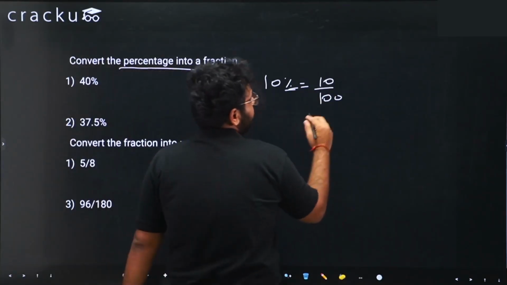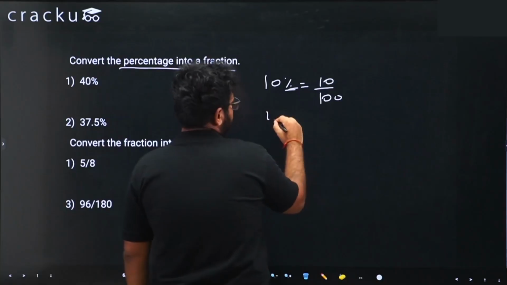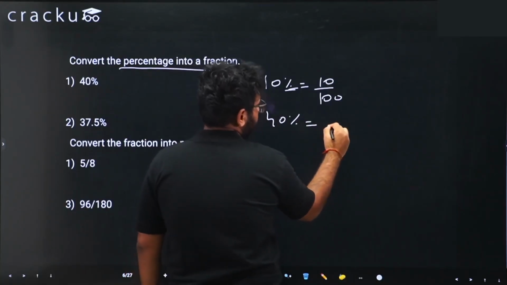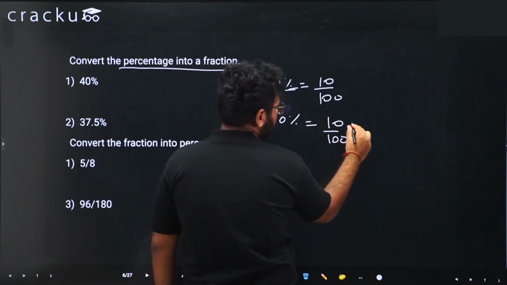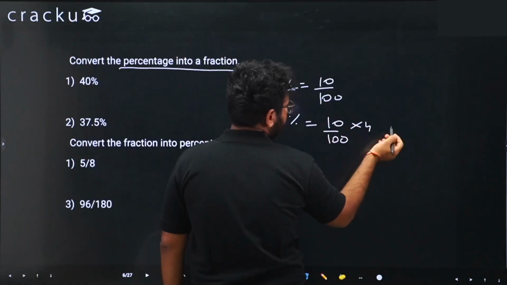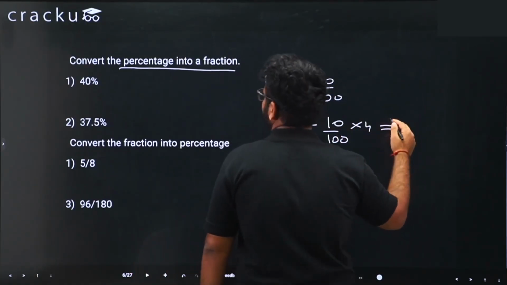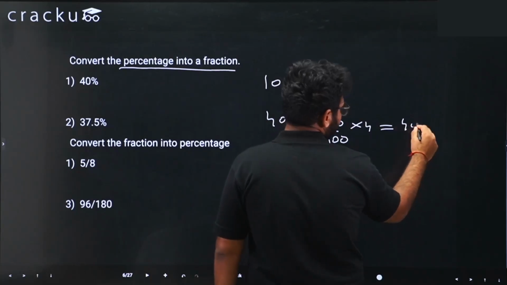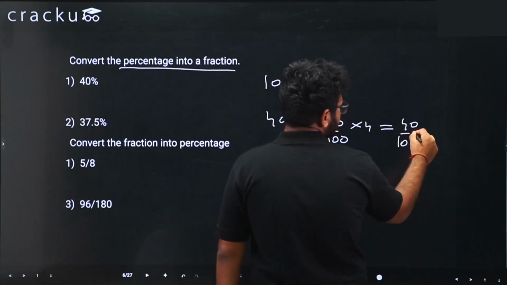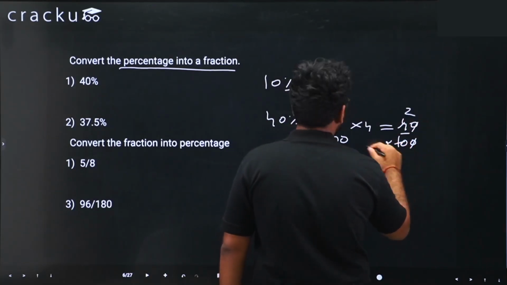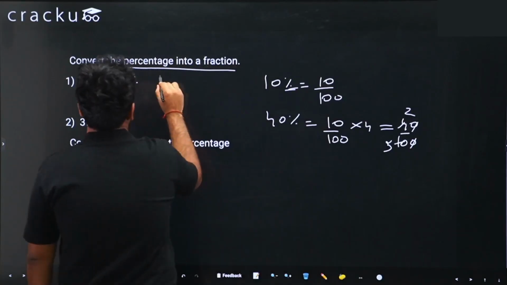So 10 by 100. Now we want what? 40%. So it would be 10 by 100 into 4, which is equal to 40%. So 0.1 into 4, 0.4, or we can write it as 40 by 100. So 2 by 5. So this will be equal to 2 by 5.